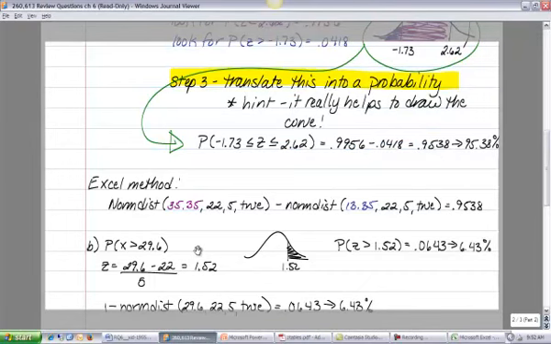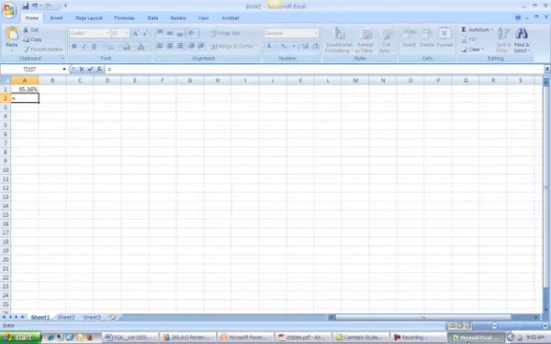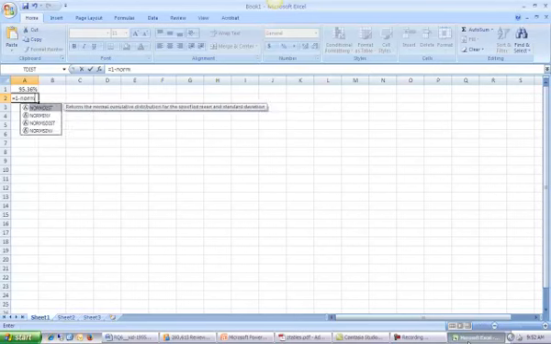Now, Excel automatically does the less than, so if I'm going to use norm dist, I need to remember to use 1 minus norm dist here to get the answer that I'm looking for. So enter equals 1 minus norm dist. My x is 29.6.